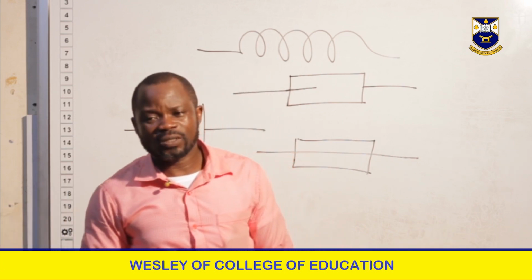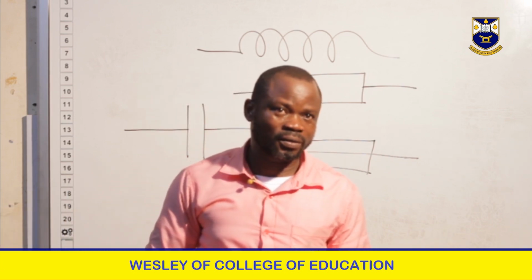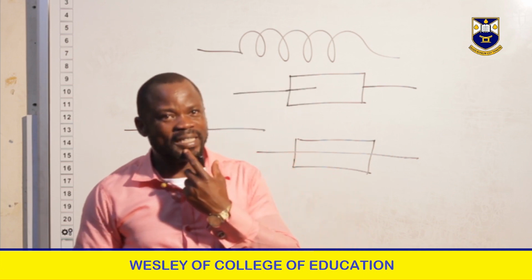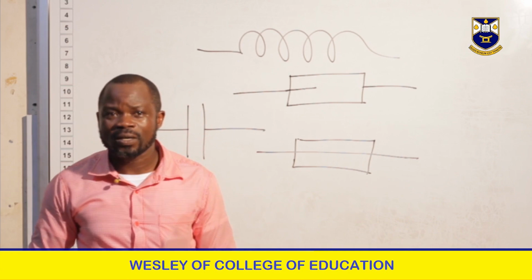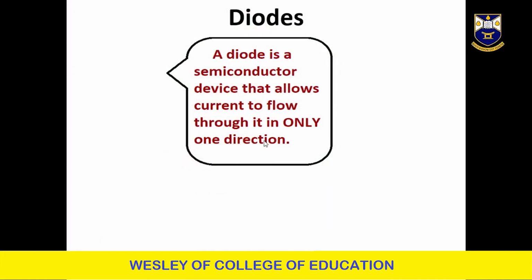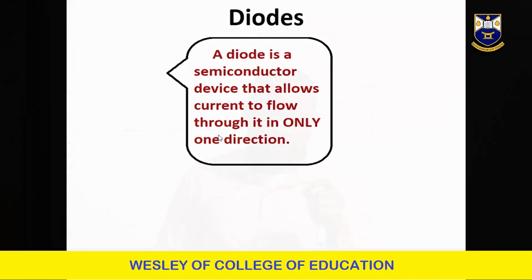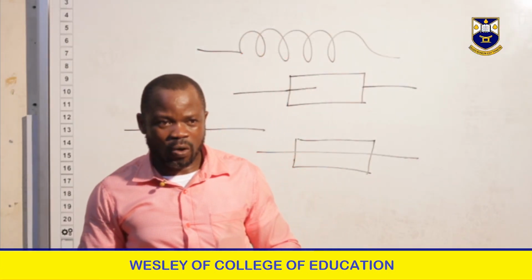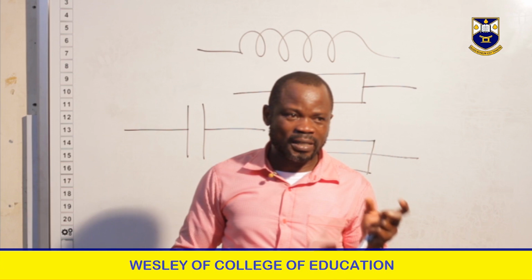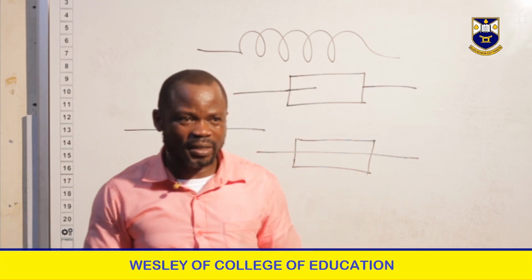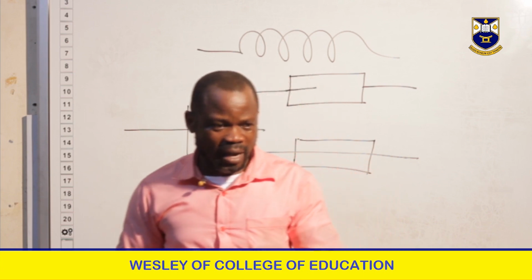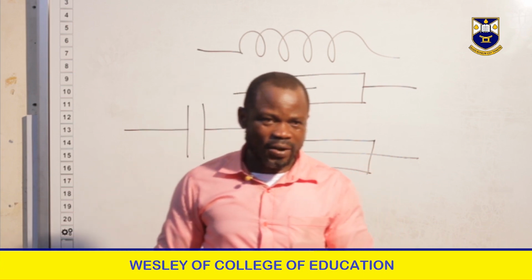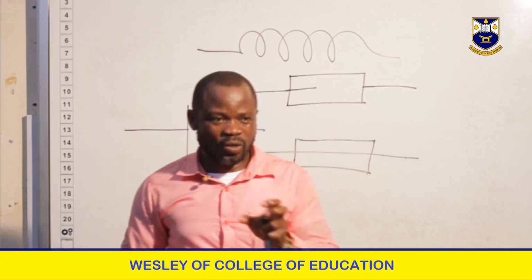It's important we look at diodes as well. A diode is a semiconductor device that allows current to flow through it in only one direction. All these things are meant to bring your minds to the fact that in constructing our FM transmitters, we may need a transistor, a capacitor, a resistor, and an inductor.